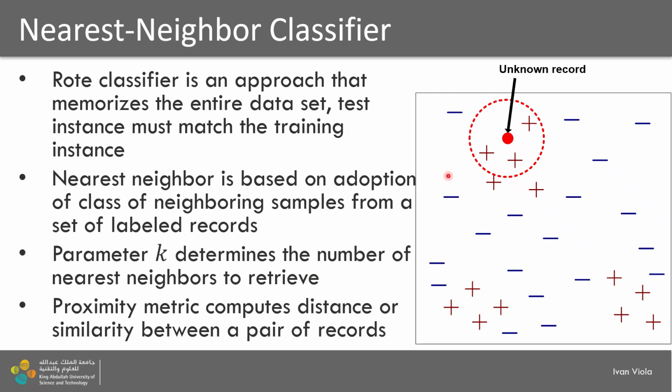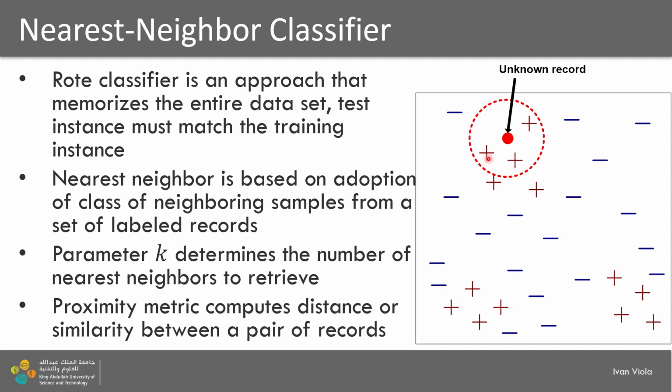It is based on some distance to our new unknown record, and we are measuring in the attribute space the distances to other known training records, and those which are the closest, the k closest, will form the basis for decision making.